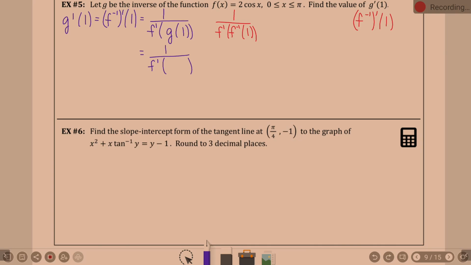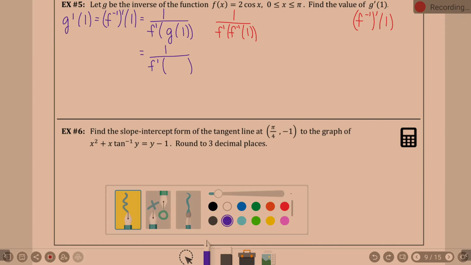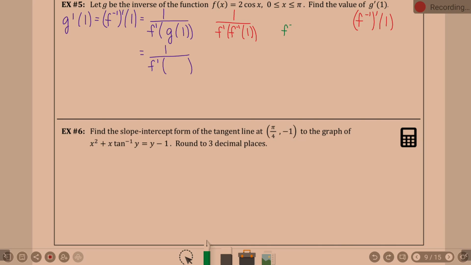Which is why you see me also often say, okay, this right here is the same thing as this, right? So we need to find g of 1, which my brain's thinking, okay, I need to find f inverse of 1. So do you set it equal to 1? Yes. Because if I need to find f inverse of 1 equals something, remember that is f of something equals 1, right? In other words, this is the same thing as saying g of 1.